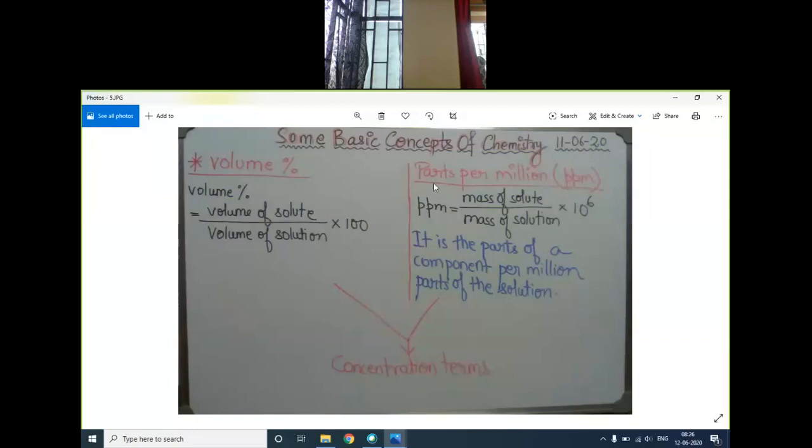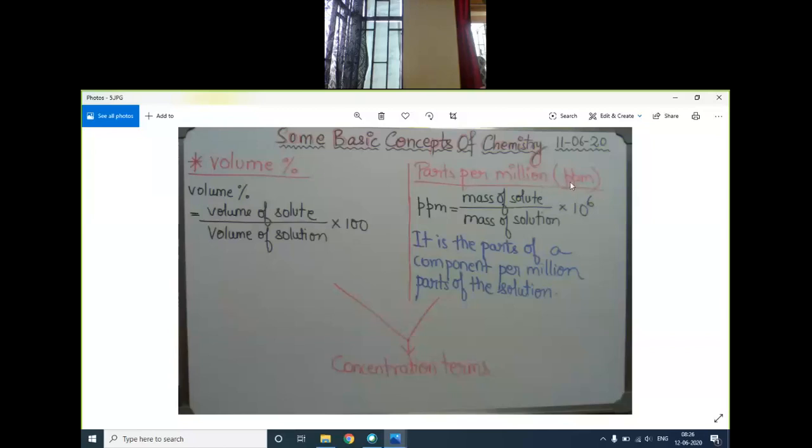And you have seen many places we have using parts per million, ppm. How much pollution is there in the atmosphere, we used to measure in ppm, parts per million. Okay, so how to calculate this parts per million? If something is present in a very less amount, we use this parts per million.